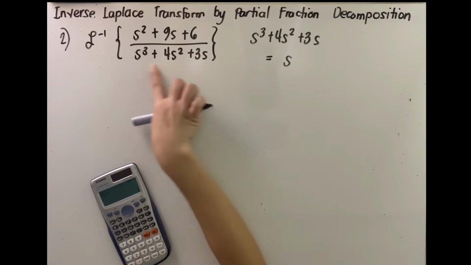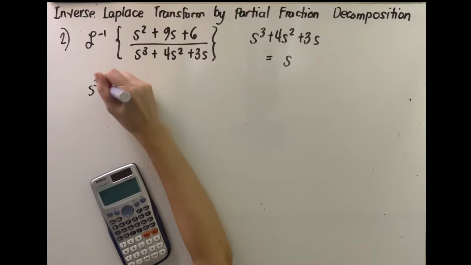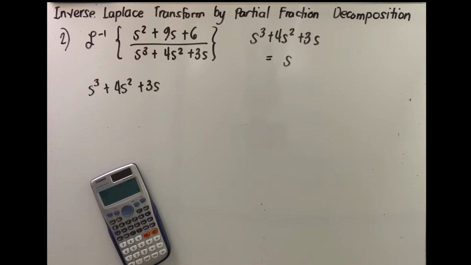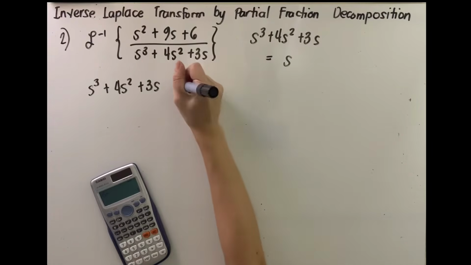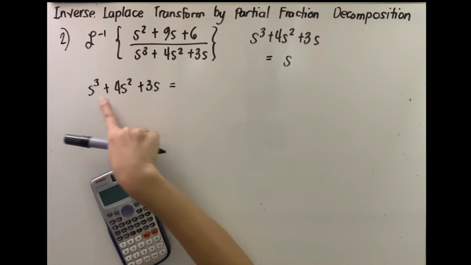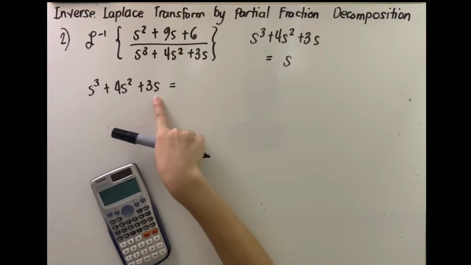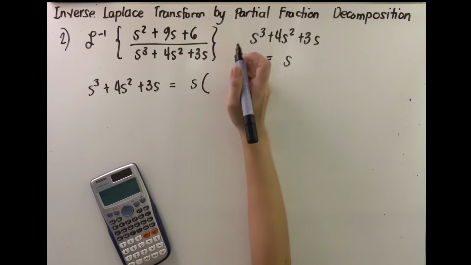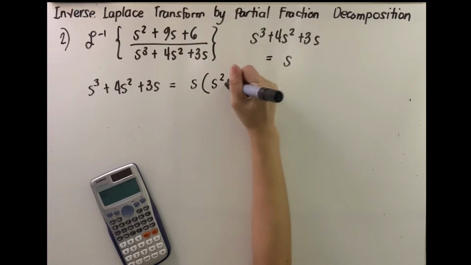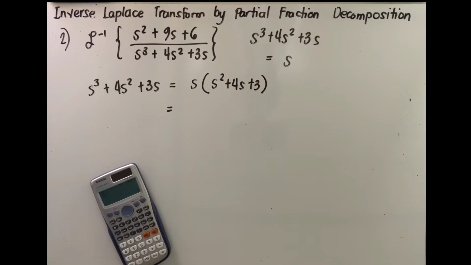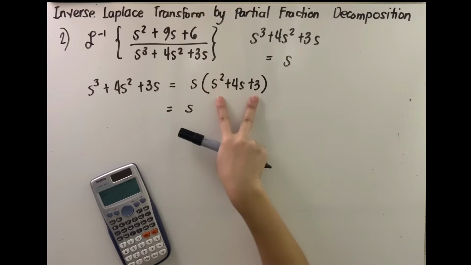So, this particular function here, s cubed plus 4s squared plus 3s, nung nag-aaral tayo ng algebra, and when we were manually solving for its factored form, what do you call this? Common monomial factor is s, di ba? So, if I factor out s, I'll be left with s squared plus 4s plus 3. This is a quadratic expression.